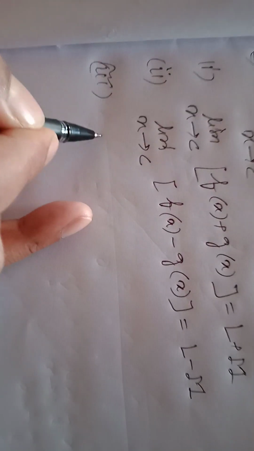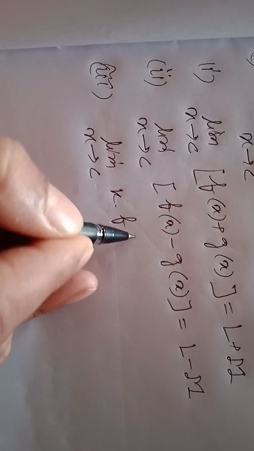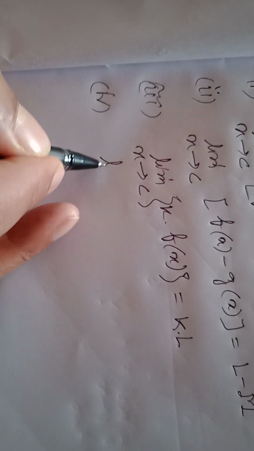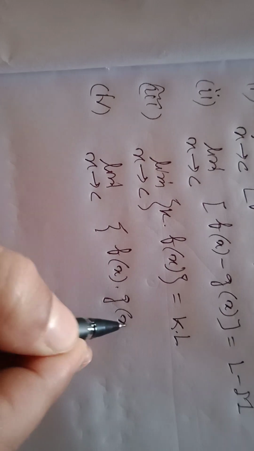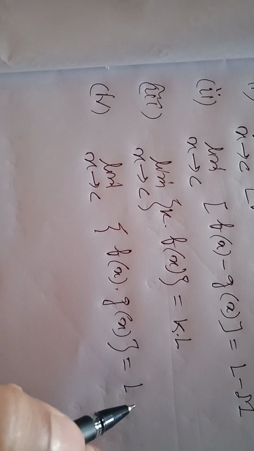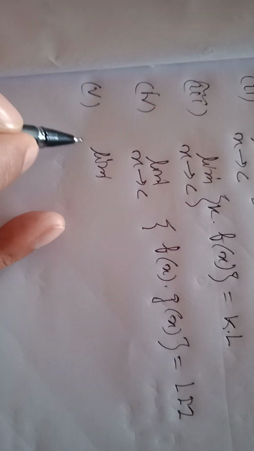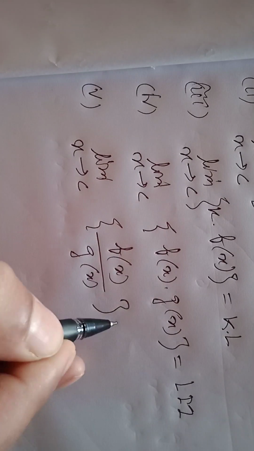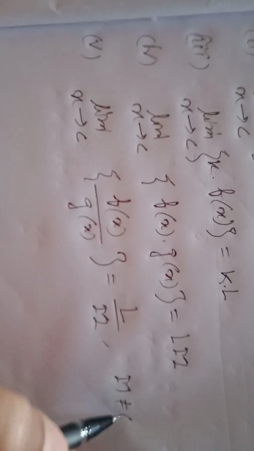Number 3, the limit as x tends to c of k times f(x) equals k times L. Number 4, the limit as x tends to c of f(x) times g(x) equals L times M. Number 5, the limit as x tends to c of f(x) by g(x) equals L by M, provided M is not equal to 0.